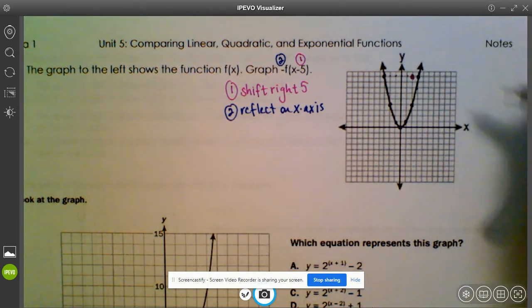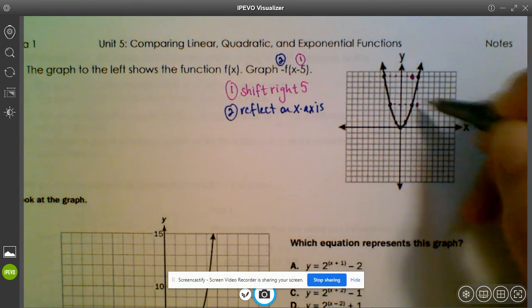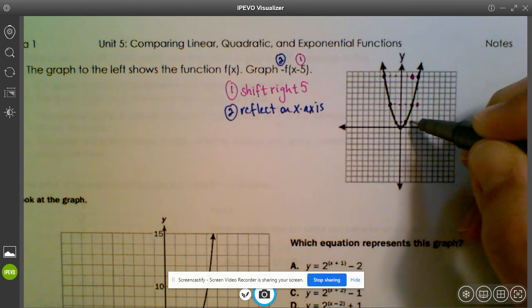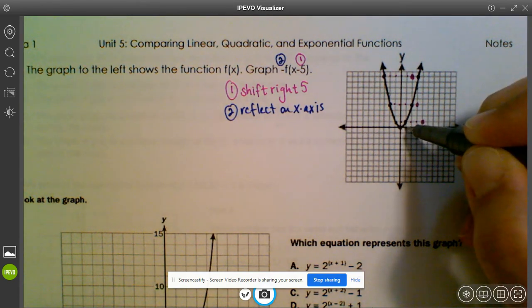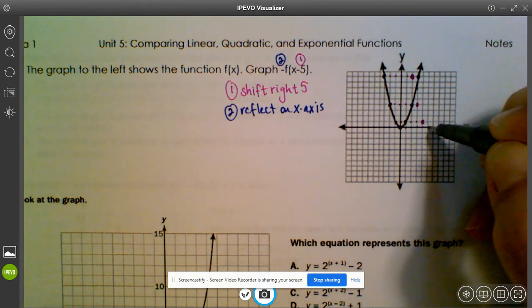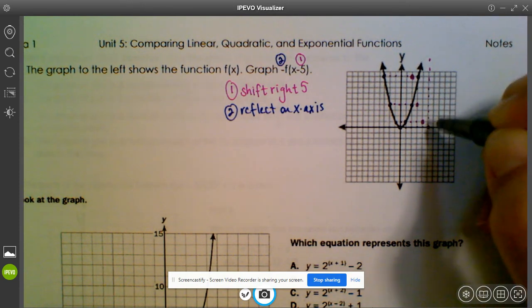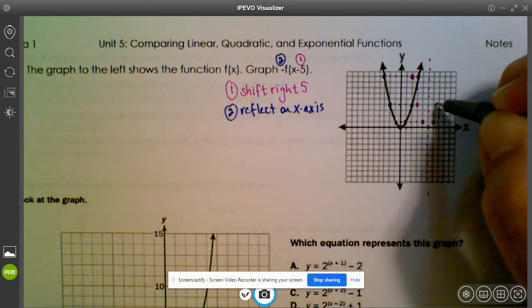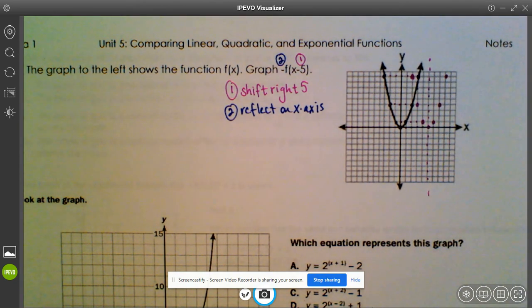So that's that new point. Let's shift this one. 1, 2, 3, 4, 5. Negative 1, 1, 2, 3, 4, 5. 0 becomes 1, 2, 3, 4, 5. And the cool part is, remember, in a parabola, I've got an axis of symmetry, so I get these points for free. Or I could just shift over 5 units, whichever one you want to do.